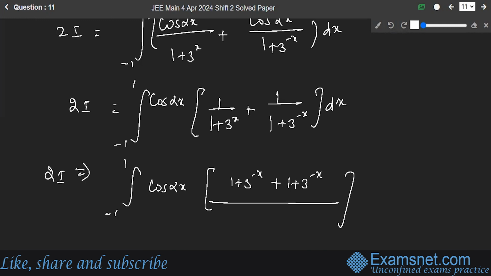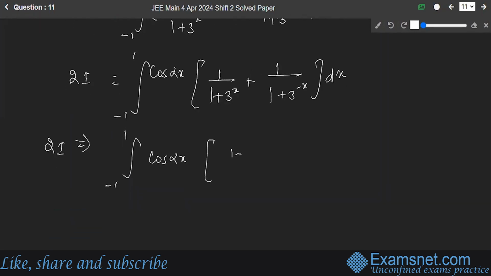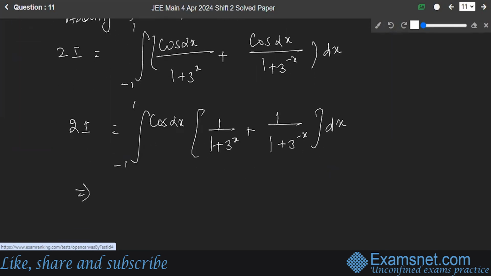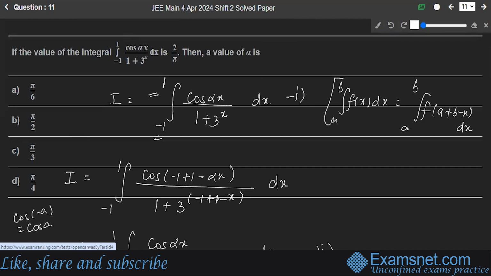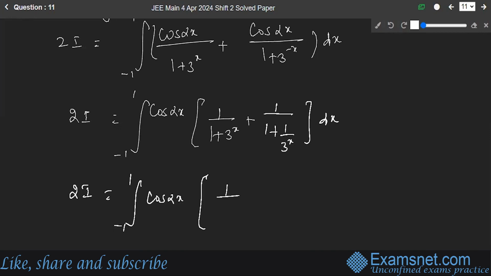Let's wait. I'll do it in a simpler way. I will write it like this: 2I, -1 to 1, cos αx, 1 plus this, and this will go here.